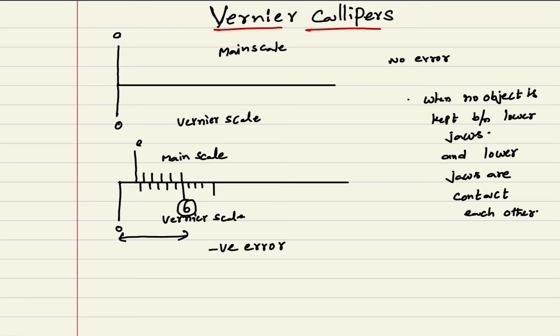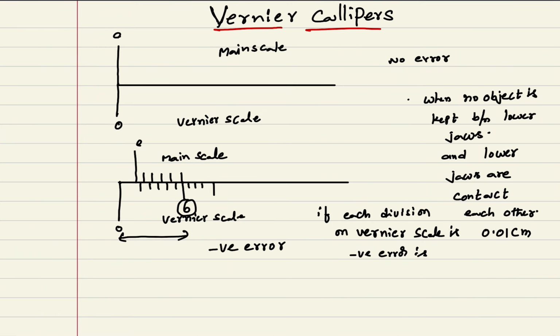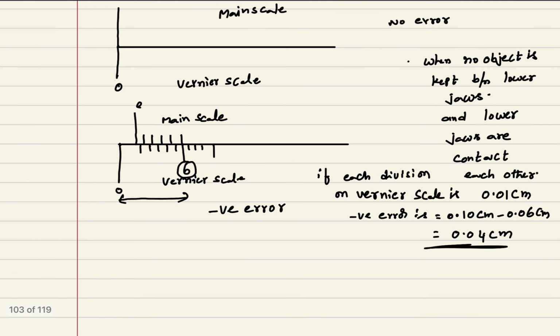If each division on the Vernier scale is 0.01 centimeter, then the negative error value for 10 divisions we can write as 0.10 centimeters minus 0.06 centimeters. That value is 0.04 centimeter. This is my negative error.